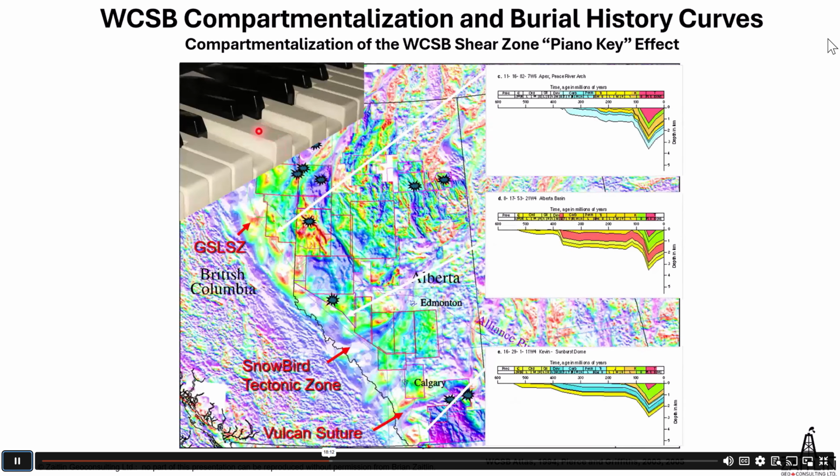So you'll be on a topographic high. Whereas in other areas, you may be able to press down the basement a bit more and you create more space, more accommodation. And that change in accommodation will control the type of channel system and incised valley system that you're dealing with within these units.